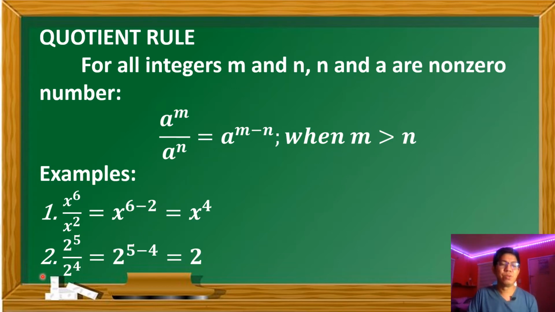Next, number 2. 2 raised to the 5th power divided by 2 raised to the 4th power is equal to 2 raised to 5 minus 4, and 5 minus 4 is equal to 1. So 2 raised to 1 is equal to 2. We no longer write the exponent 1 because it is understood that the exponent of 2 is 1.